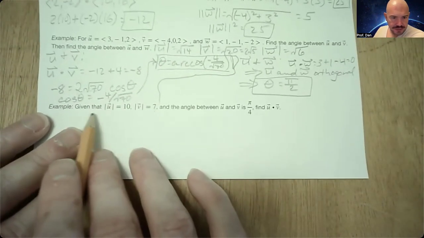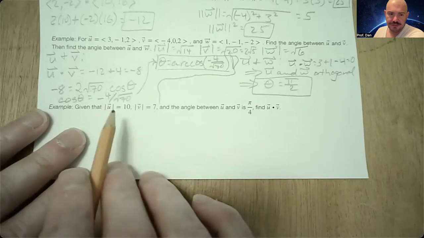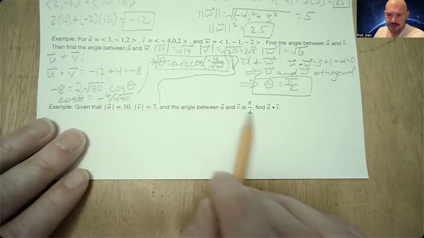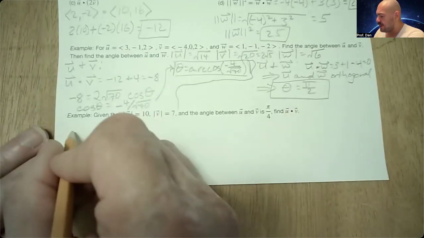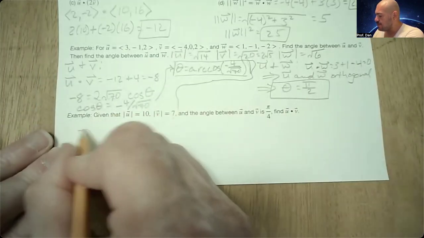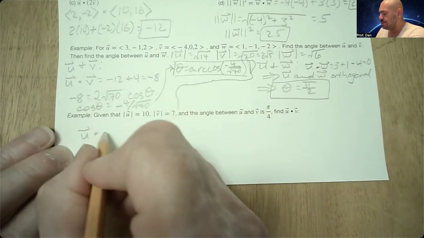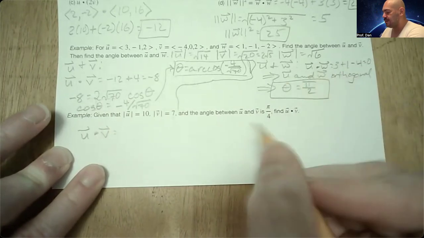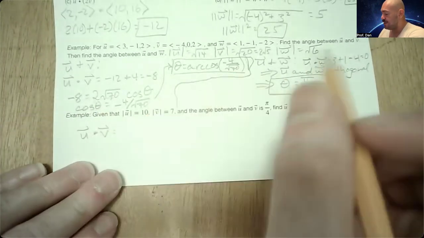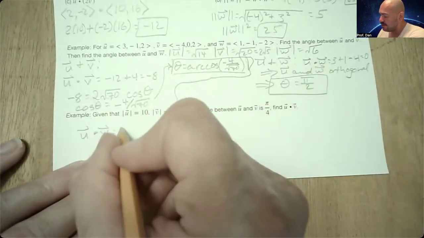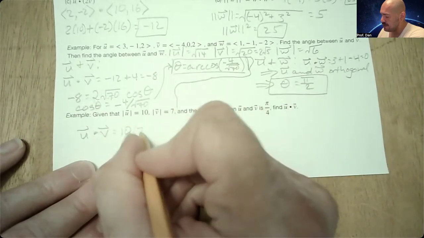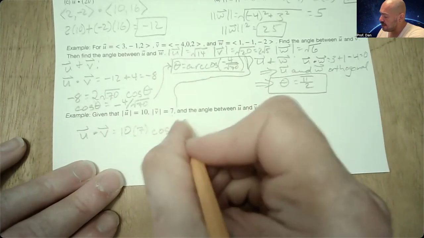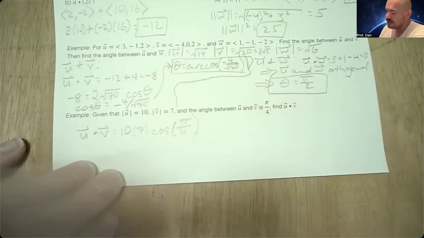So next we're given a couple of things. We know the magnitude of u, the magnitude of v. We know the angle between u and v. We want to find the dot product. So based on the information we're given here, we can't actually use the component formula for dot product. Instead, we just have to remember the other one, where we multiply magnitude of u, magnitude of v, and cosine of pi over 4.